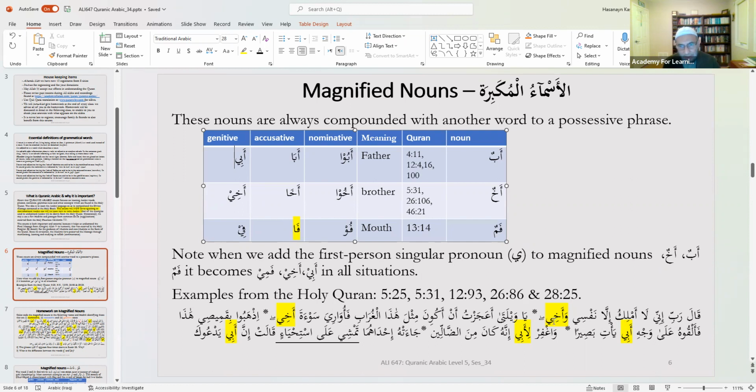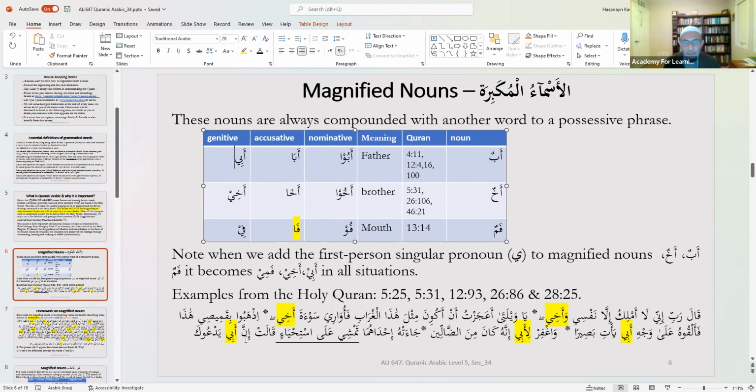Here أخي means my brother. Also here, for example, أن أكون مثل هذا الغراب وأواري سوأة أخي, that means the corpse or the dead body of my brother. So here أخي is not necessarily genitive. It is just أخي, that means my brother.